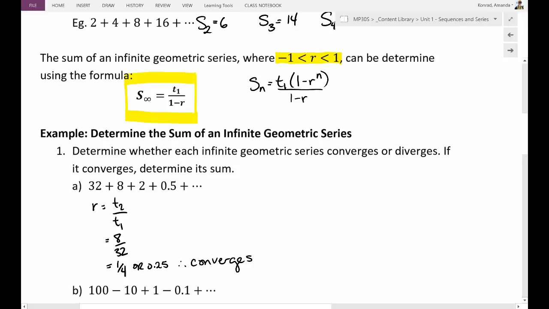So since it converges, we can use our formula. Sum of infinity equals term 1 divided by 1 subtract r, which means that it's going to be 32 divided by 1 subtract 1/4. And we can do a fraction or a decimal. I prefer fractions because then I can keep with my mental math.